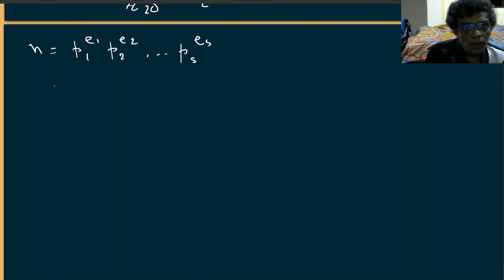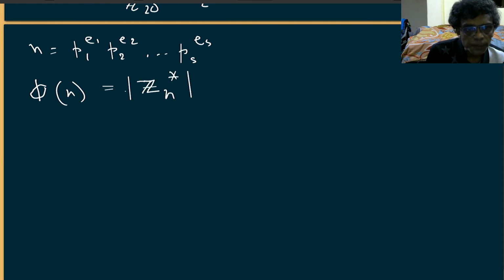So now, if I want to compute phi of n, which is the size of the set Zn star, I proceed using the principle of inclusion and exclusion. First, I consider all elements of Zn. Then I have to subtract those that are in Zn, but not in Zn star. Okay. So which are they? They are not coprime to n, which means they are either divisible by p1 or divisible by p2 or divisible by p3 and so on up to ps.